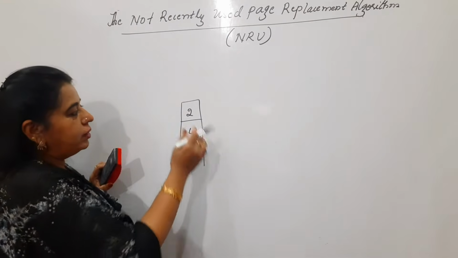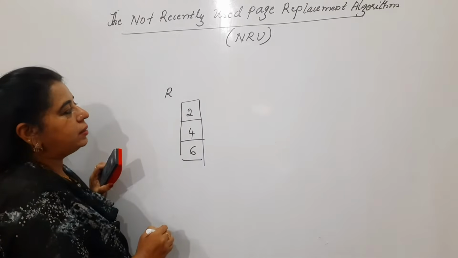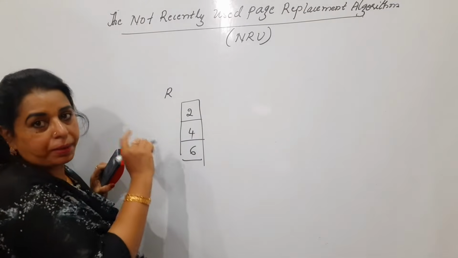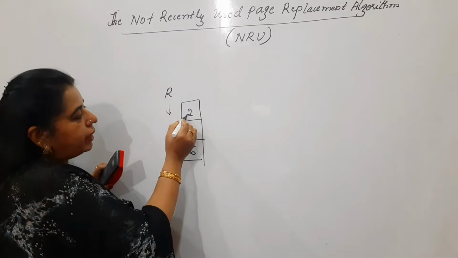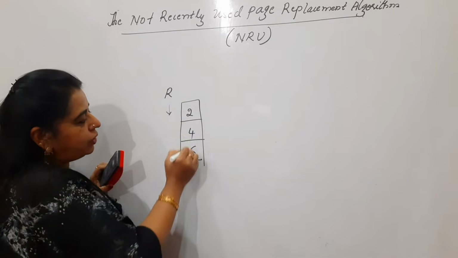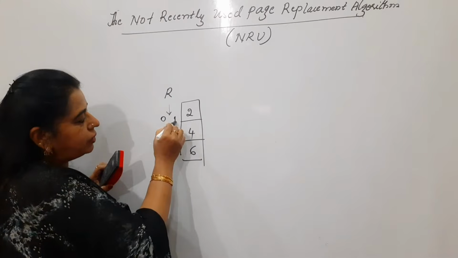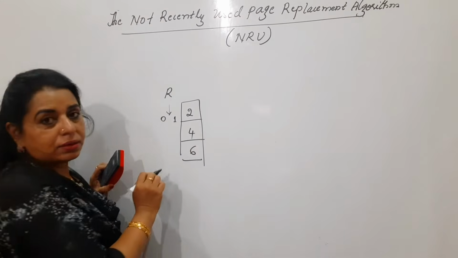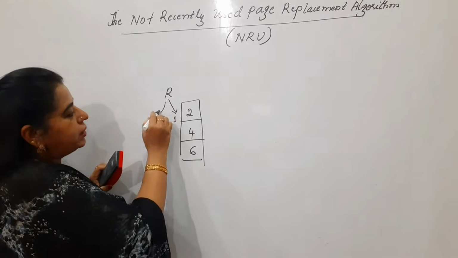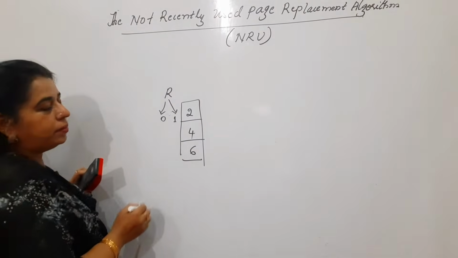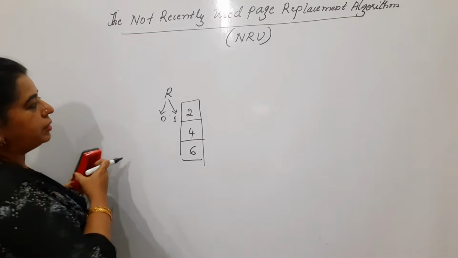In the second chance page replacement algorithm and the clock page replacement algorithm, you are also considering the reference bit value for each of these pages, whether it is 0 or 1. Depending on that, the action is taken. If it is 0, some action is taken. If it is 1, some action is taken. This is one thing you have learned in the previous algorithms.